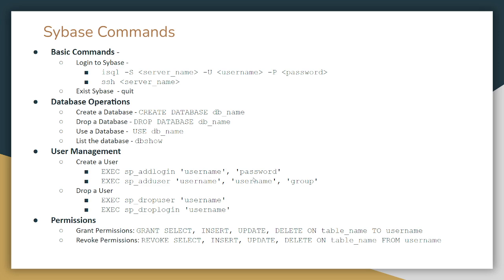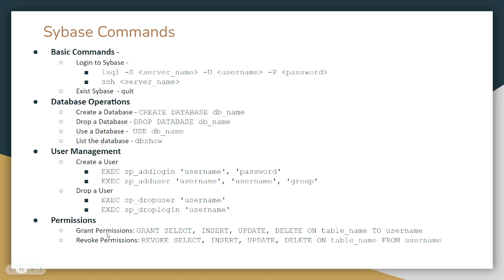Then you can enter the username and password. Similarly, you can enter username, password, and group. That will create the user and assign them to a specific group or Active Directory. Then to drop a user, similarly you will get a drop stored procedure, and you can just execute that by using the exec command.